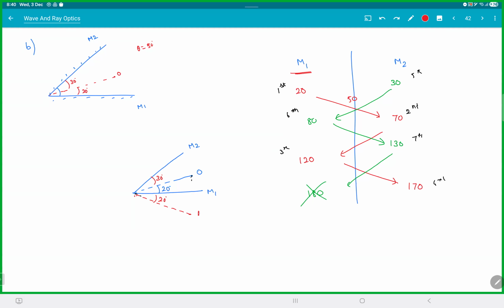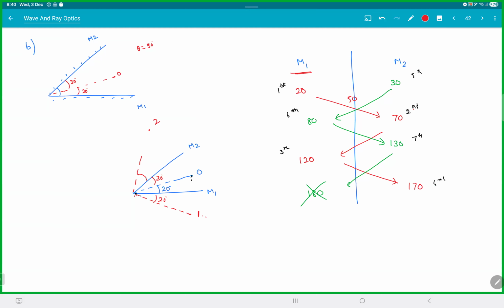So the image 1 will form an image 2 in mirror M2. Are you getting how to understand that? The image in M1 will form an image in M2. So this is forming on the M2 mirror side. So this image will create an image somewhere here, 2, which is making an angle 70 degrees with M2.